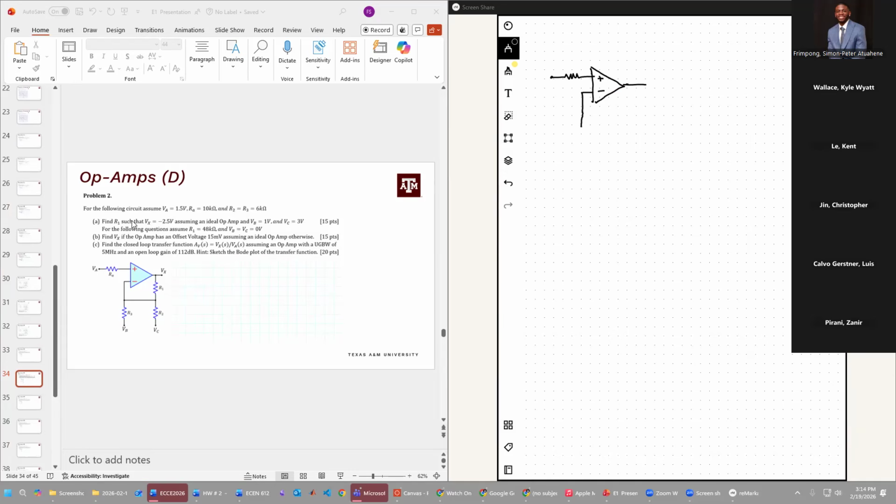Another aspect you need to keep in mind is, are you dealing with the ideal version of the op amp or a non-ideal version? The problem should say specifically, like, oh, this is a non-ideal op amp. Or if it doesn't, it's implied because they might give you the open loop gain, for example, or a particular characteristic which would signify the op amp is not ideal.